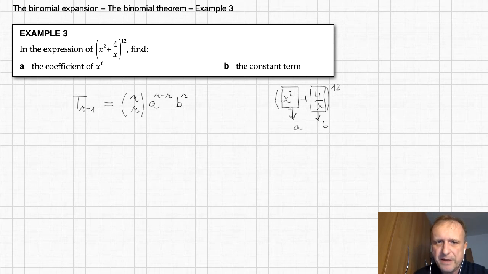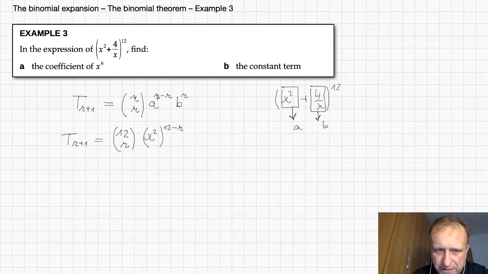In general the r plus 1 term is going to be, well, it's known what n is. n is 12, so it's 12 choose r times x squared, which is a, all to the power of 12 minus r, times b, which is 4 over x, to the power of r.